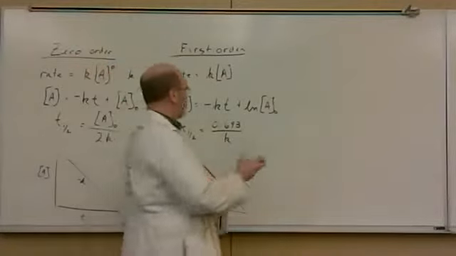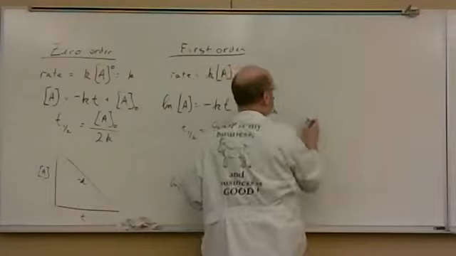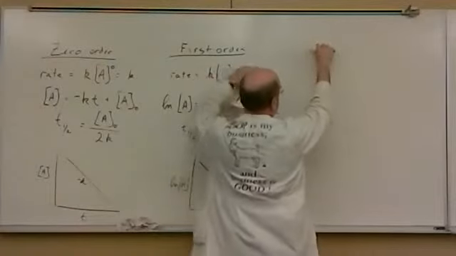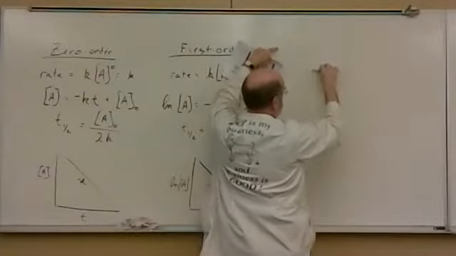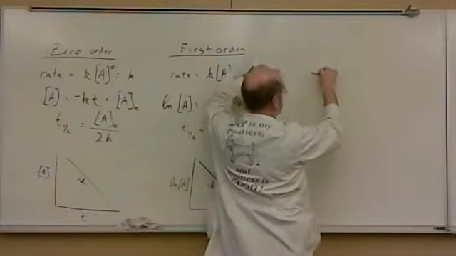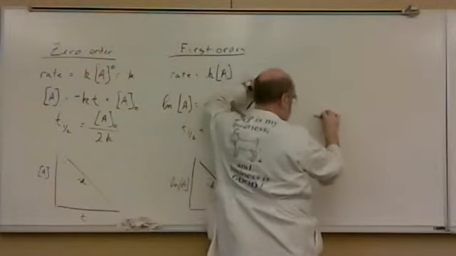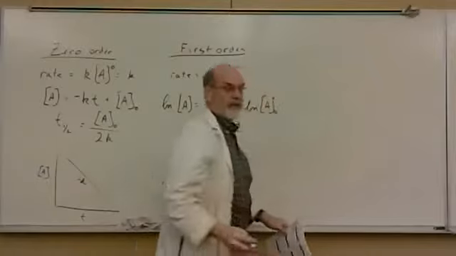So if you have your values and the time, and you start here and go down to half the concentration, it's going to be a certain time period. If you start here and go down to half its value, it's going to be the same time period.